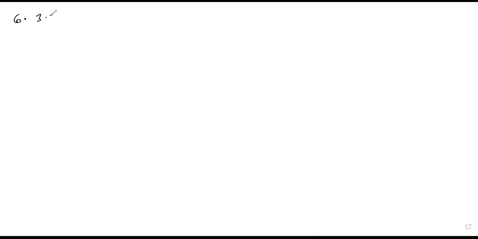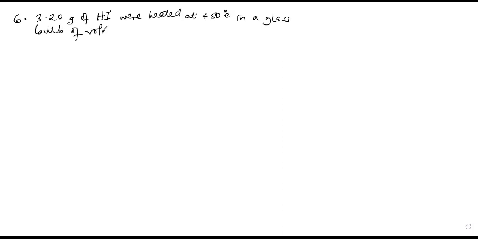It is 3.20 grams of hydrogen iodide were heated at 450 degrees Celsius in a glass bulb of volume 800 cubic centimeters.